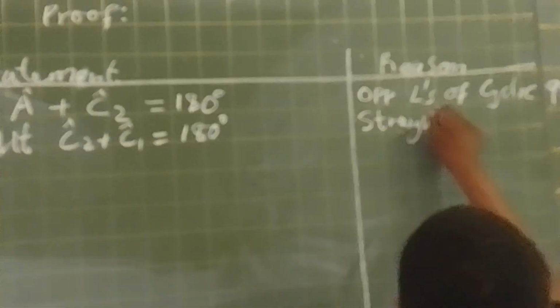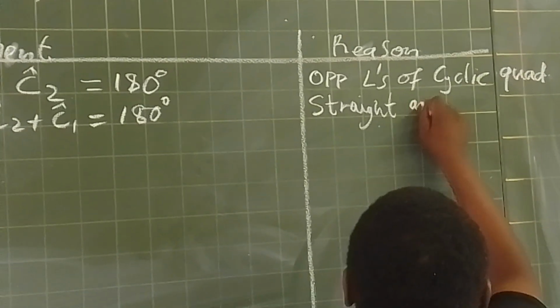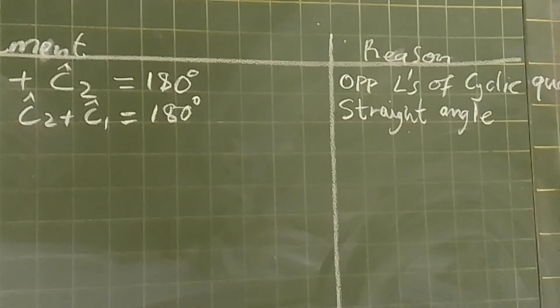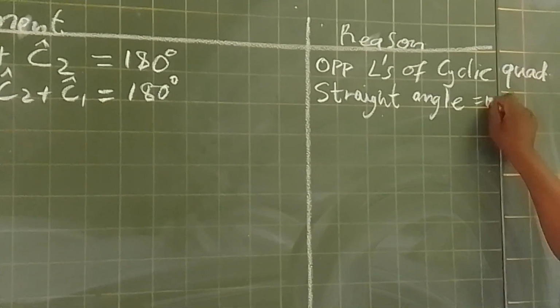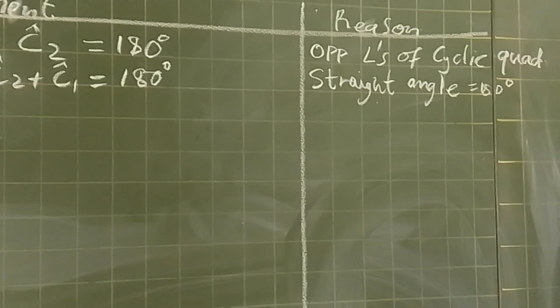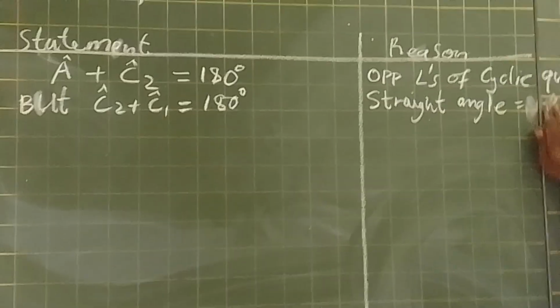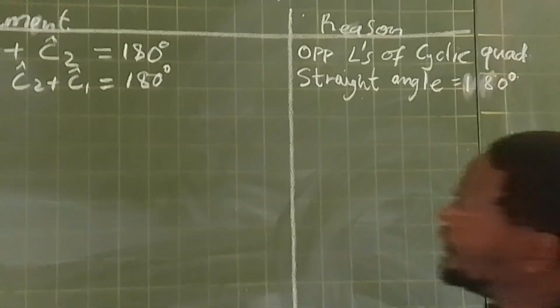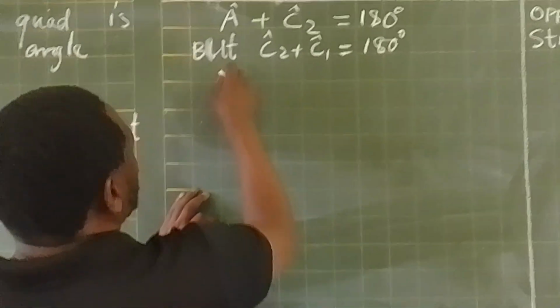It's a straight angle. Straight line sums up to 180 degrees.